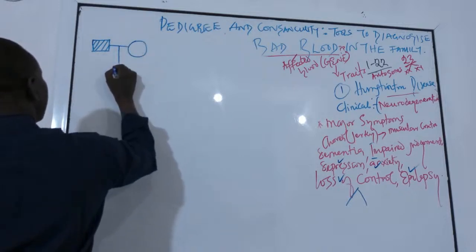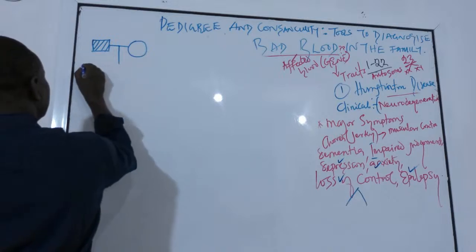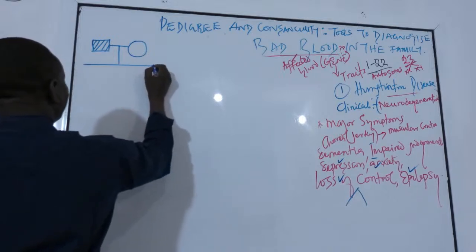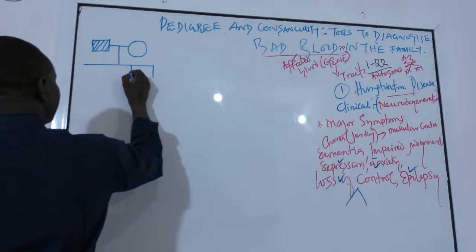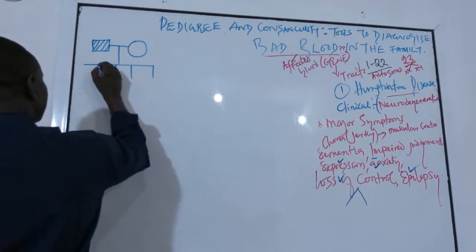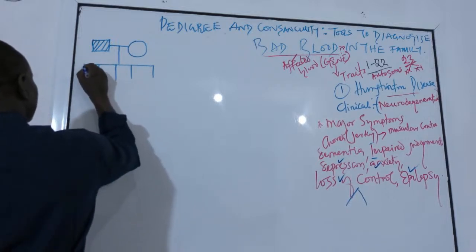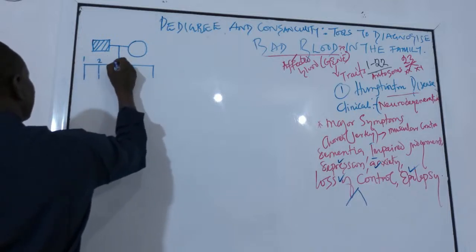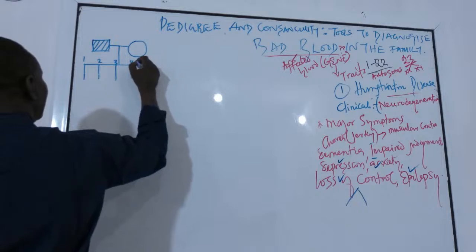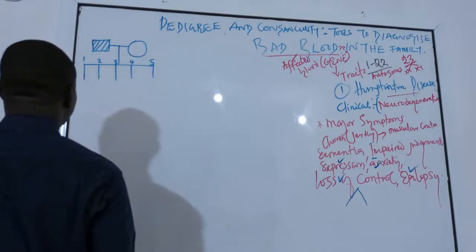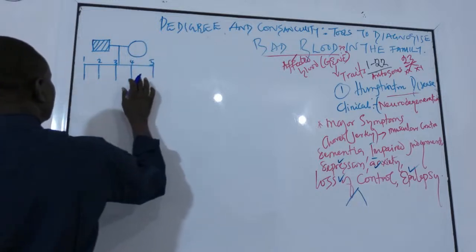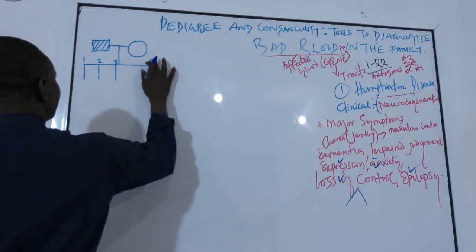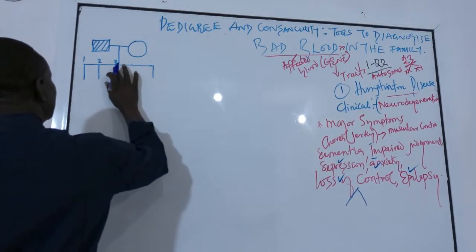So what that means is that there will be a 50% chance. So this is child 1, child 2.